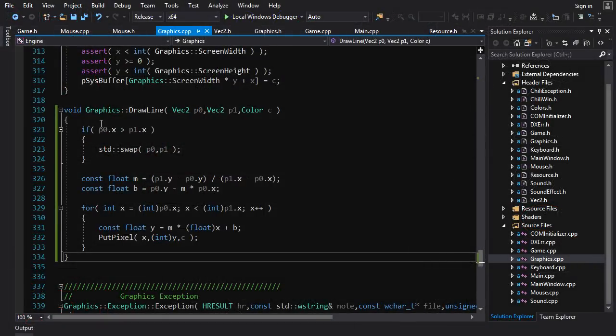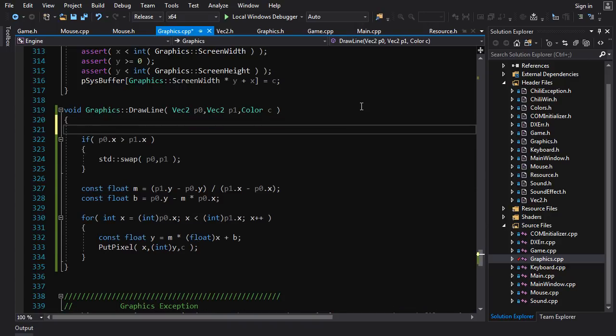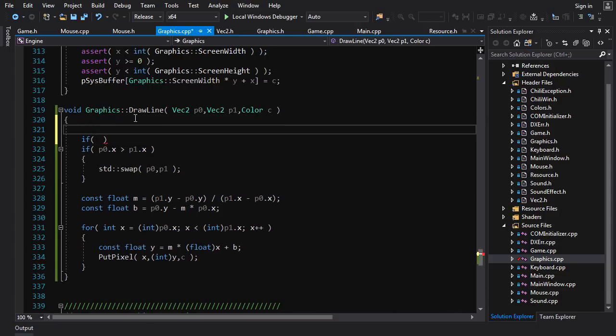All right, so the first thing you want to do is figure out if our line is horizontal or vertical. Now to do that, we need to basically just calculate its slope. But I don't want to calculate the slope if it is a completely vertical line because I don't want to divide by 0. So what I'm going to do is go float m.